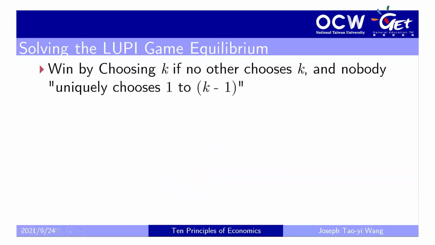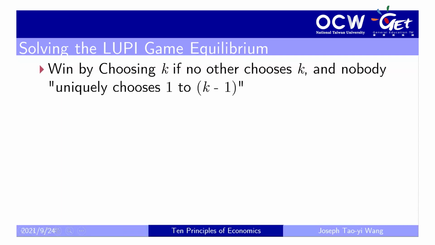Here is the LUPI game equilibrium. To win, you have to make sure that nobody is picking your number, and nobody is uniquely choosing a number smaller than you. So for you to win by choosing 1, it means that nobody else is picking 1. What does it mean to win by choosing 2?